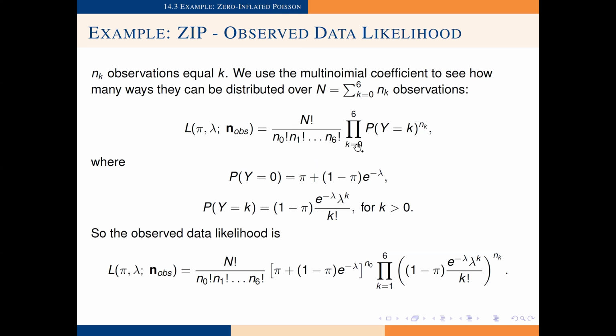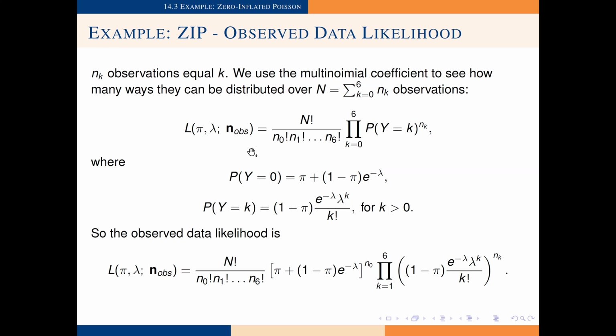This should look familiar to you from the investment model example in Bayesian, right? And then times the product over all possible counts of drinks, ranging from k equals 0 to 6, of the probability that Y is equal to k, so the randomly sampled teenager reports having k drinks, raised to the power of N_k, because we know there are N_k teenagers who report that they have this specific number of drinks.